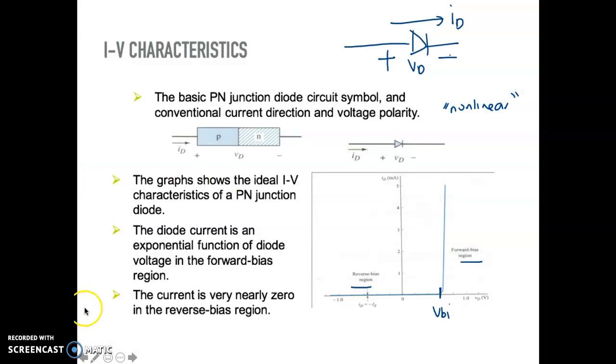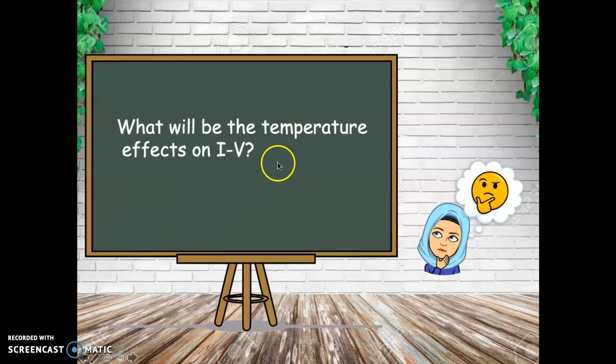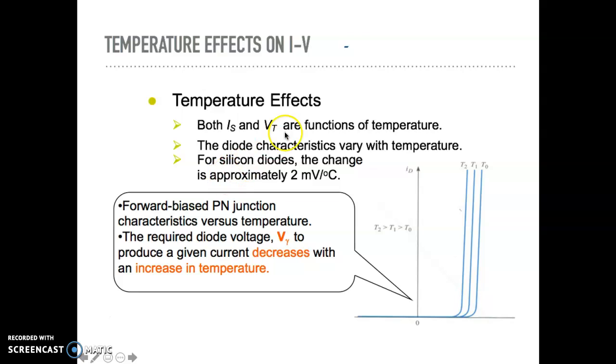Okay, now let's see what the effect of the temperature on the IV characteristic will be. As the temperature increases, you are going to increase what we call thermal energy. If you recall the first part of the semiconductor chapter, as we increase the temperature, the thermal energy also increases, right?